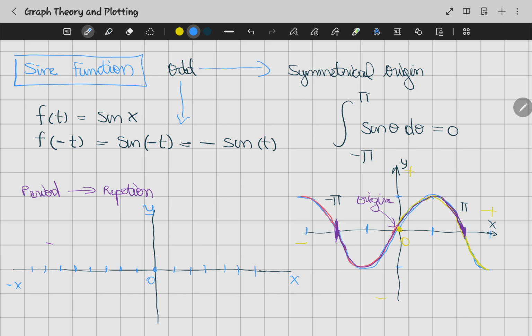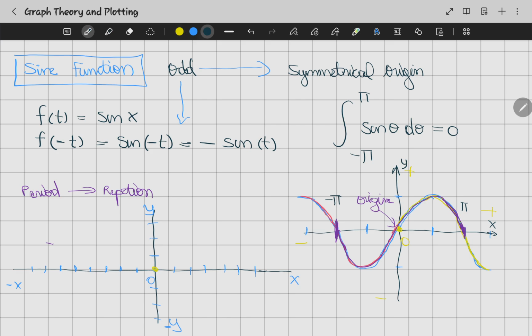Okay, and then when you go up, positive y, and then down here negative y. So that's what you see here. Okay, so this is the origin.